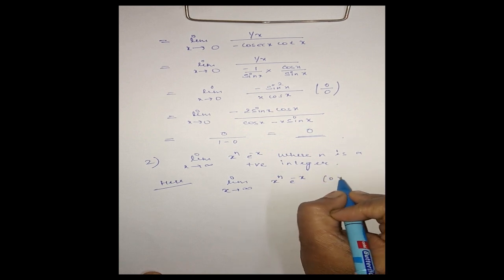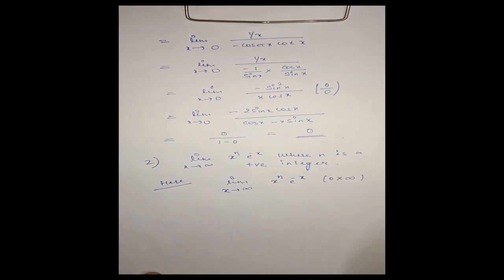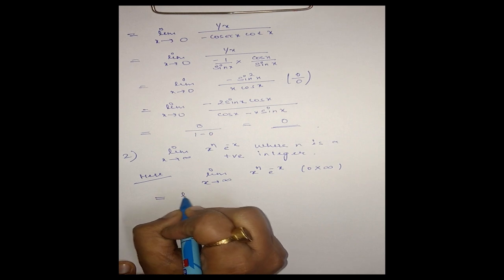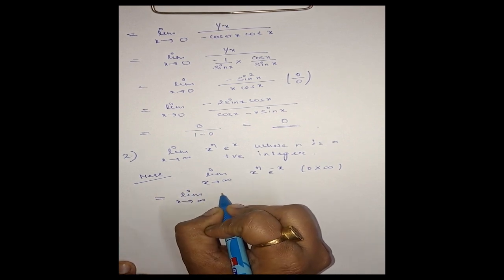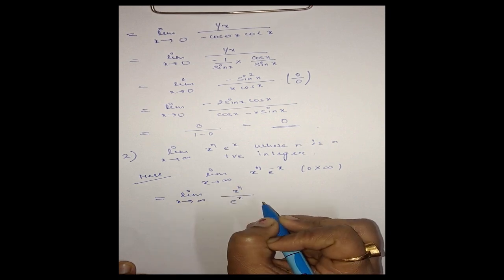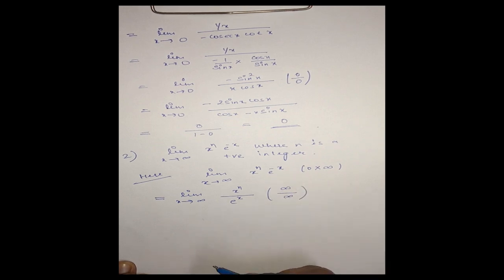This is 0 cross infinity form. Now this can be written as x power n divided by e power x. This is infinity by infinity form.